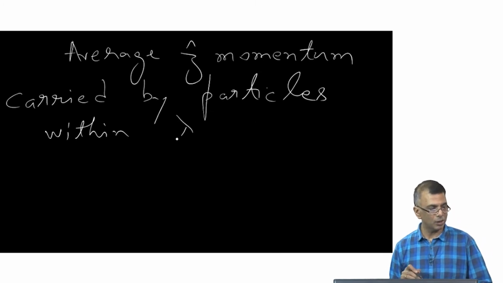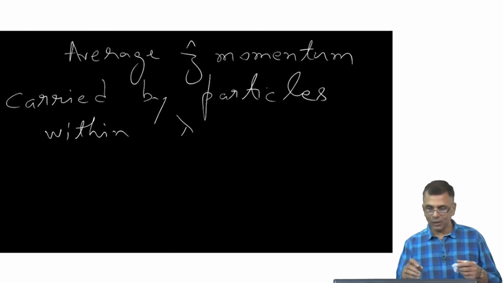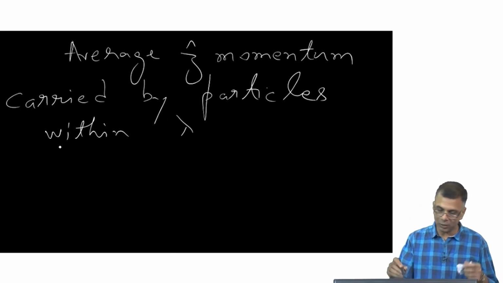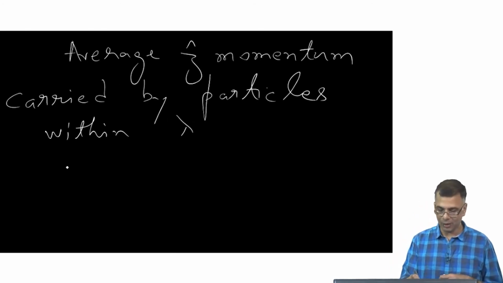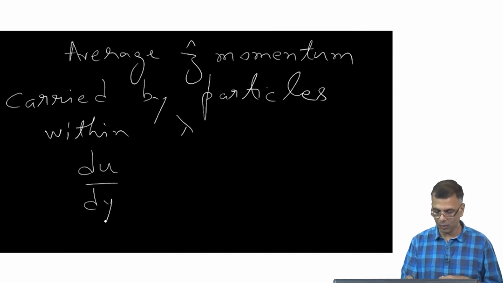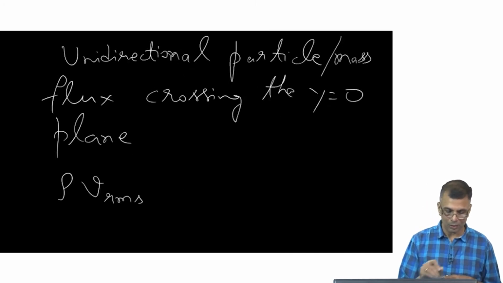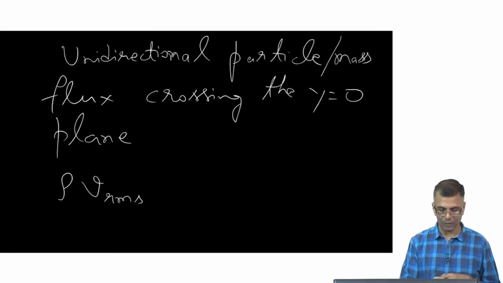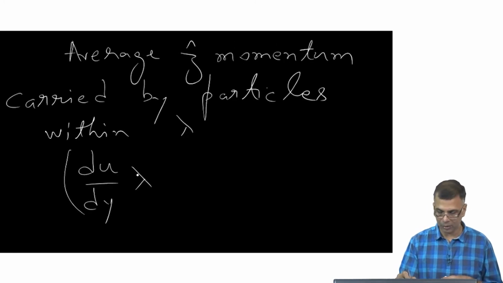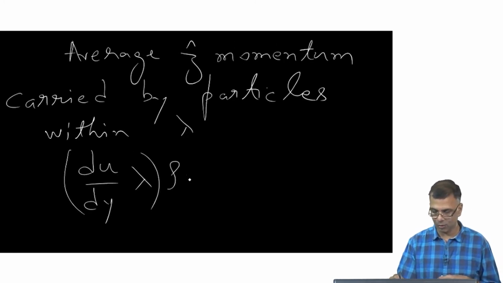And so this is the other important thing. So the average z momentum carried by particles within one mean free path is something like du dy times lambda. Okay. So you multiply that with this, right? So you have this times rho times VRMS.